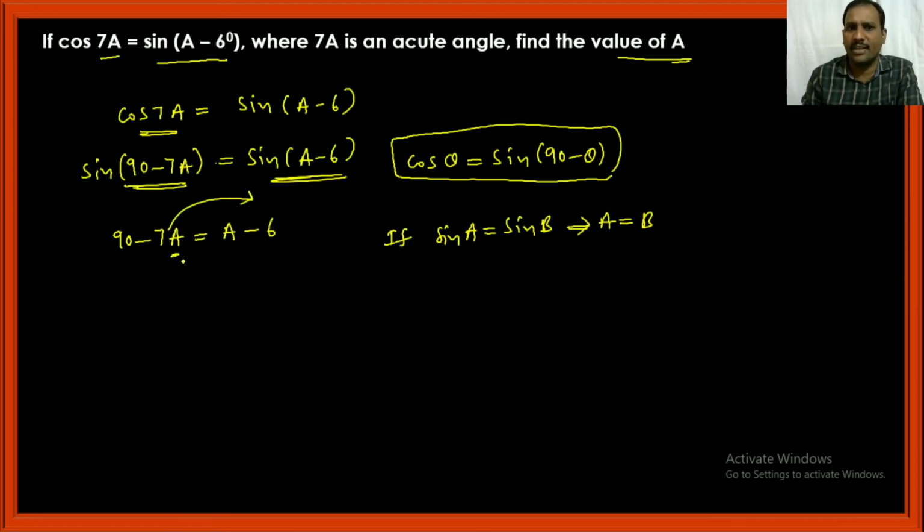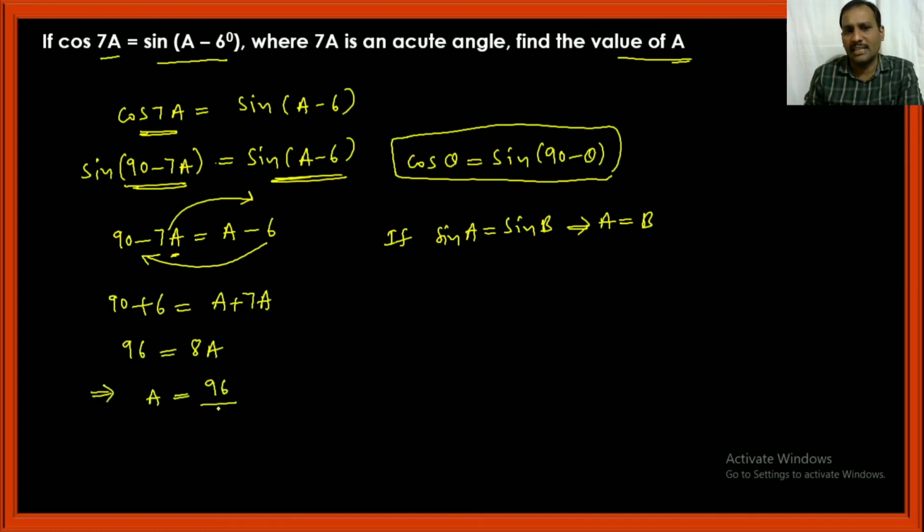Let us send minus 7a to the other side, and minus 6 to the left side. So it will become 90 plus 6 is equal to a plus 7a. So 96 is equal to 8a. That implies a is equal to 96 by 8. 8 ones are 8, 8 twos are 16. So therefore a is equal to 12 degrees. That is the value of a.